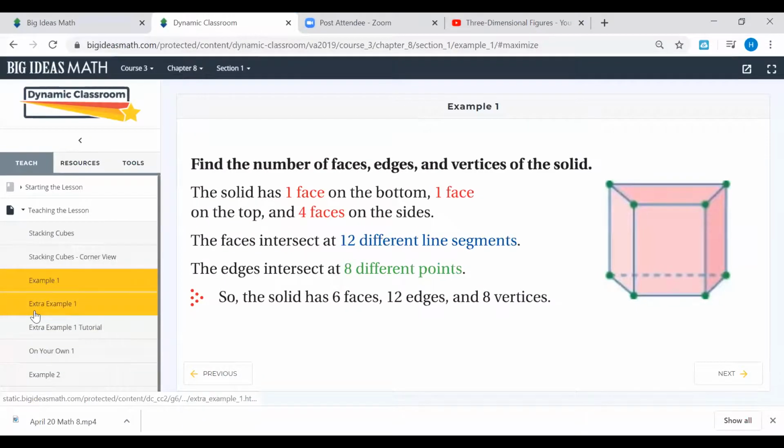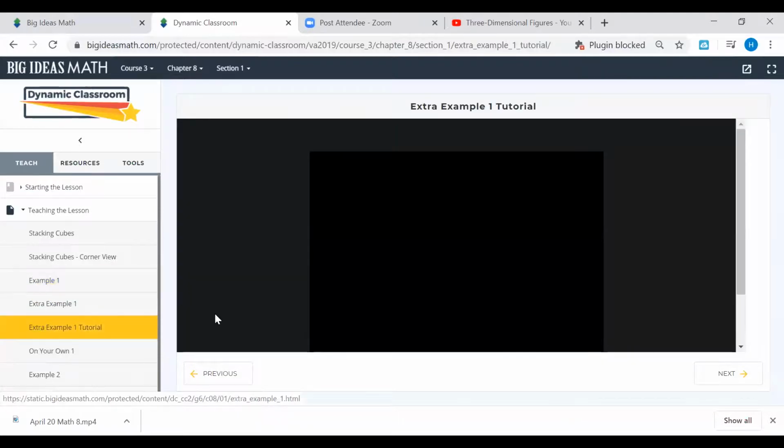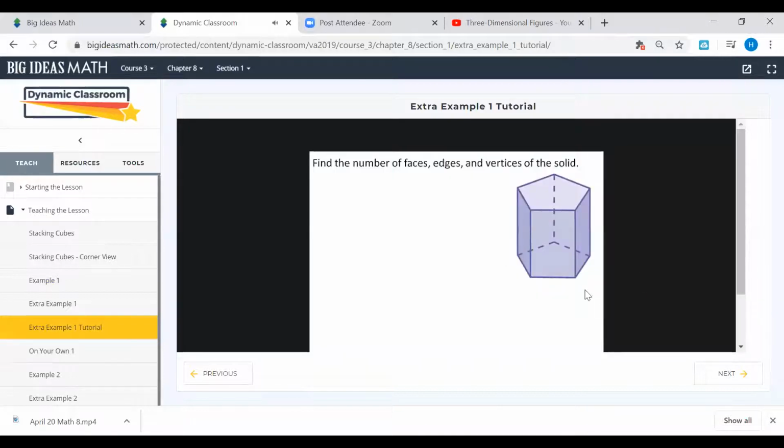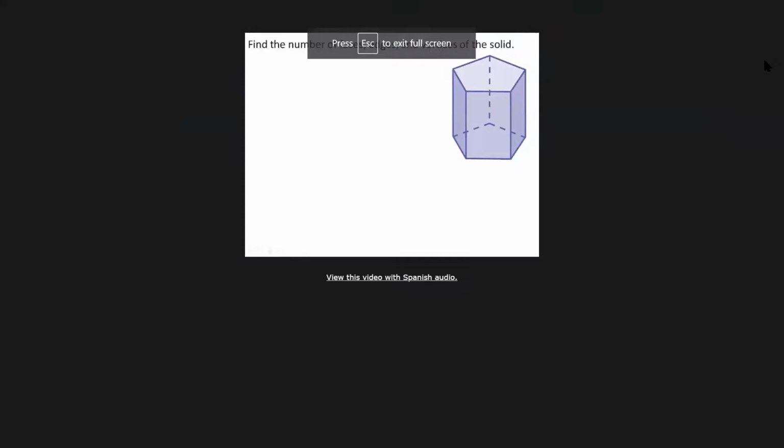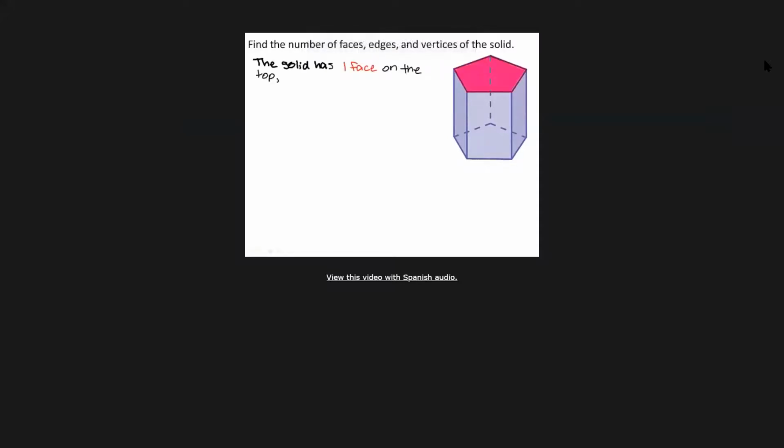Let's take a look at the tutorial. Find the number of faces, edges, and vertices of the solid. The solid has one face on the top, one face on the bottom, and 1, 2, 3, 4, 5 faces on the sides.